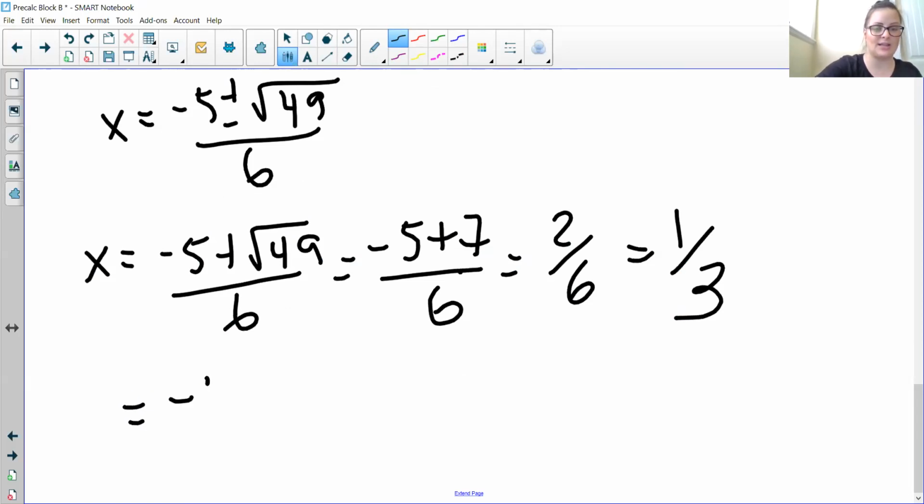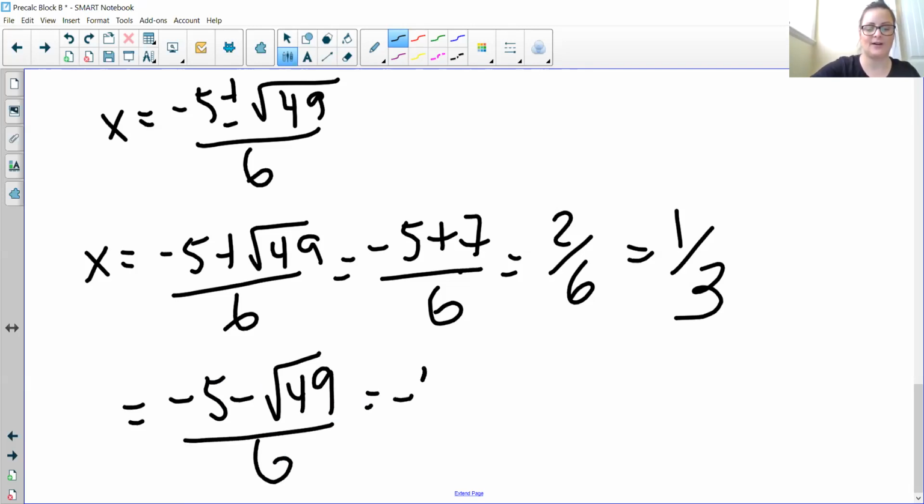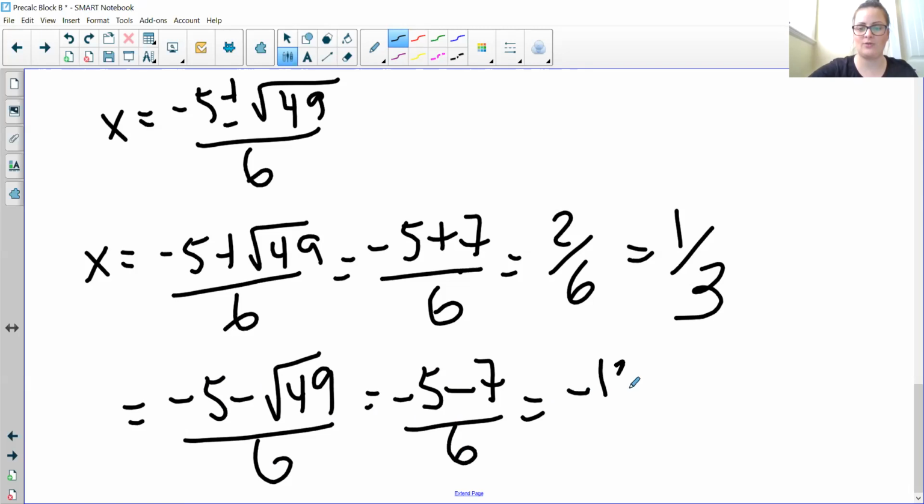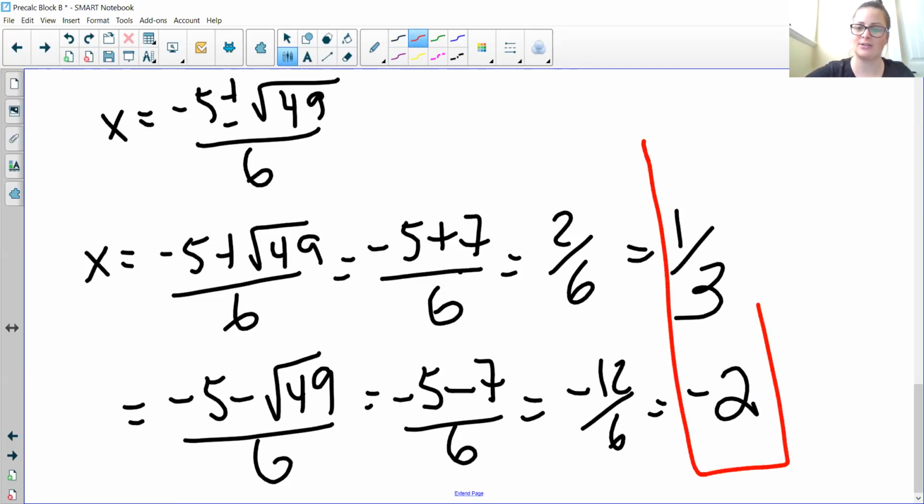X can also equal negative 5 minus the square root of 49, and then all divided by 6. So it can equal negative 5 minus 7 over 6, which means it could equal negative 12 over 6, which means it can equal negative 2. And here are your two values of x. Isn't that exciting? I know.